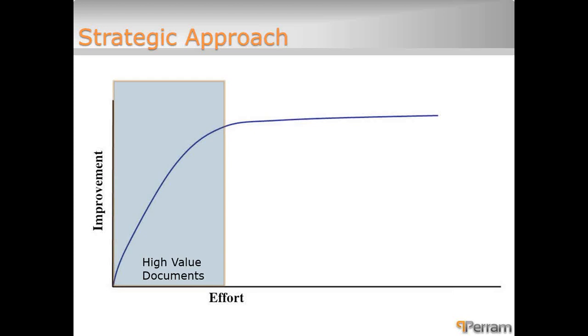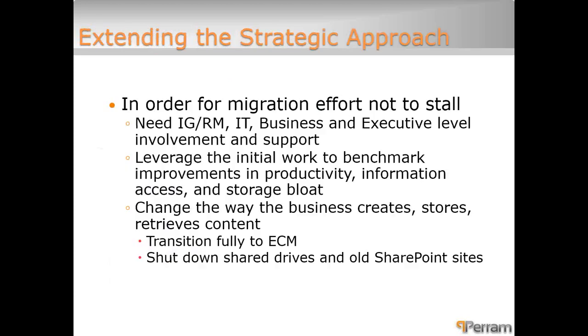So one of the things that we suggest is at this time of momentum, while there has been some very important strategic documents identified that we want to get our hands around and understand where they are and how we can manage them better, that we put together a program that will really help extend that, so that we can extend the migration beyond just that subject matter and actually roll through the organization having a real impact.